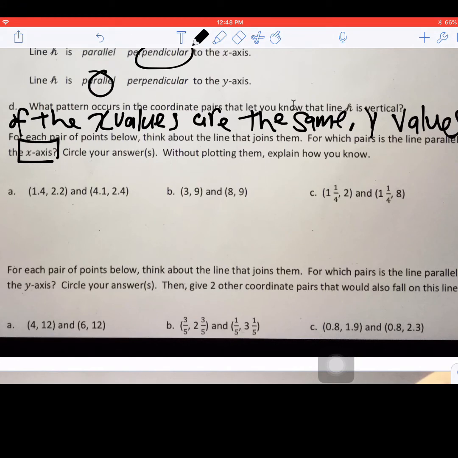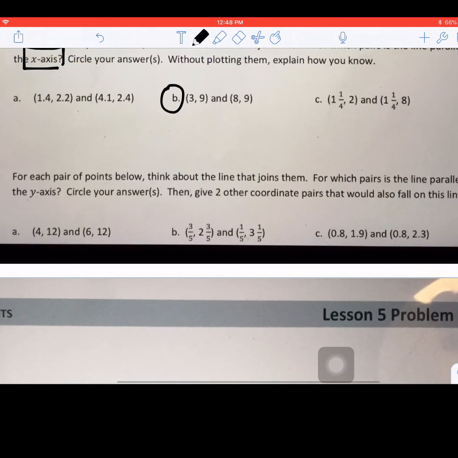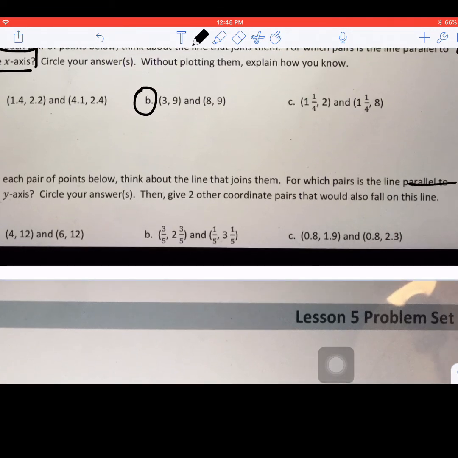If it's parallel on the x-axis, we have to pick the opposite value to be the same, which is in B. All of those y values are 9, which will lead to it being parallel to the x-axis. If you want, you can definitely draw those out and figure that out. I'd also like you to explain it in your own words why that worked.